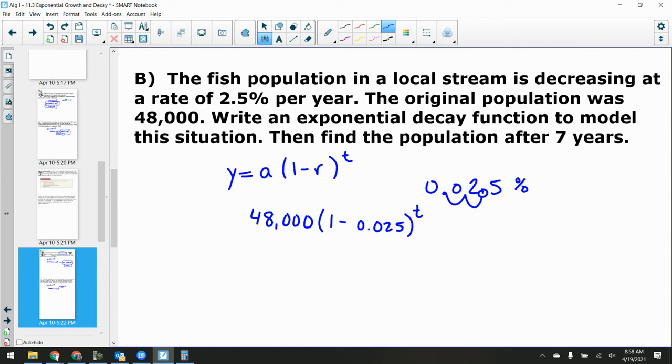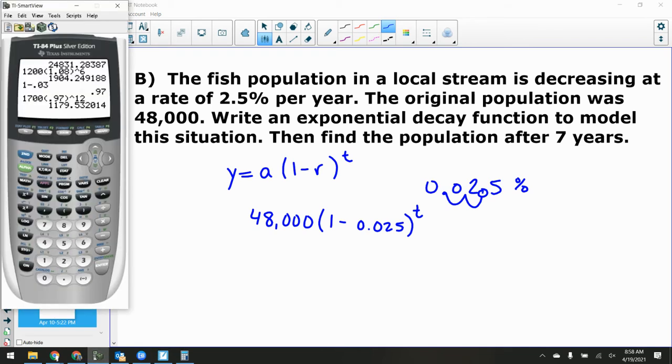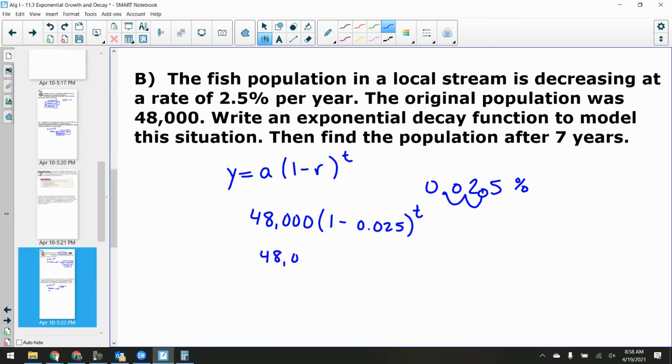Be careful when moving your decimal places. That's the only tricky part to this. 48,000 times, 1 minus 0.025, and that is 0.975. So y equals 48,000 times 0.975 raised to the t power.